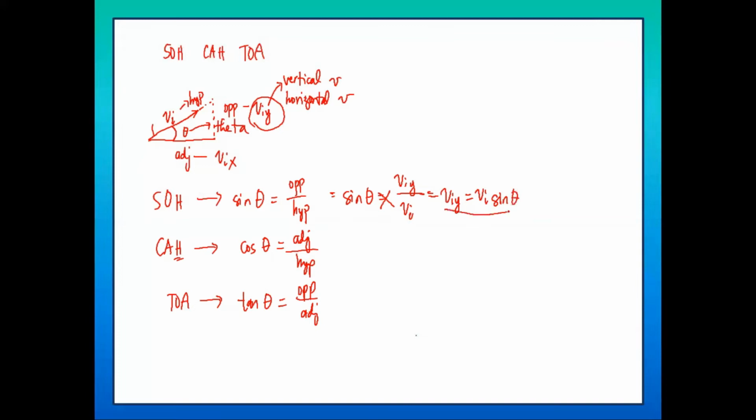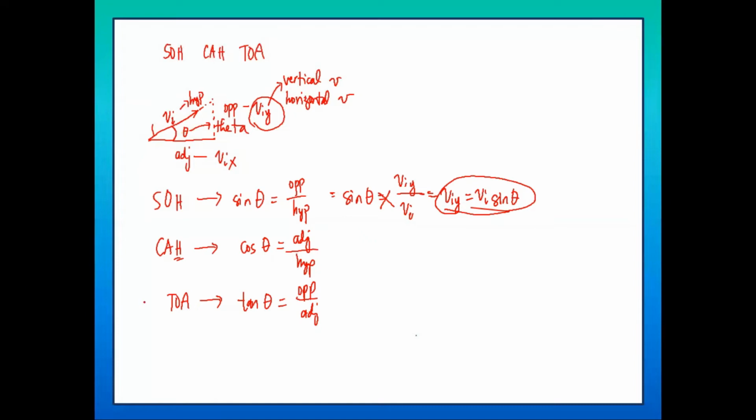So this is now your formula in getting the value of your v sub iy. Okay, so sine theta kasi opposite over hypotenuse. May given tayo na angle at may given tayong hypotenuse.